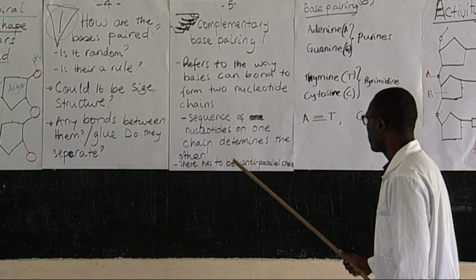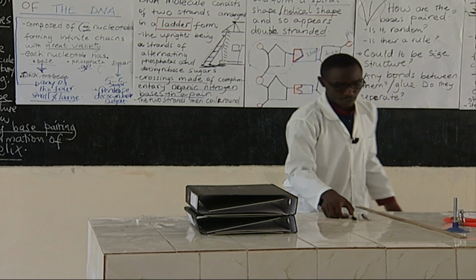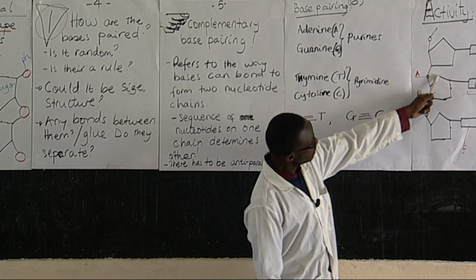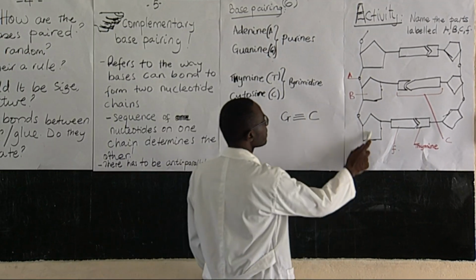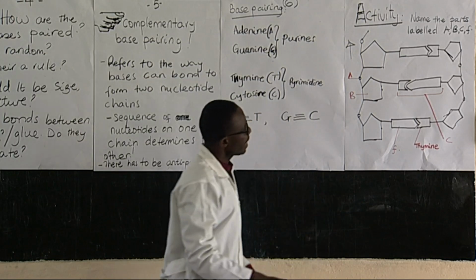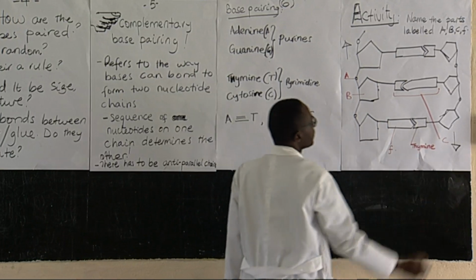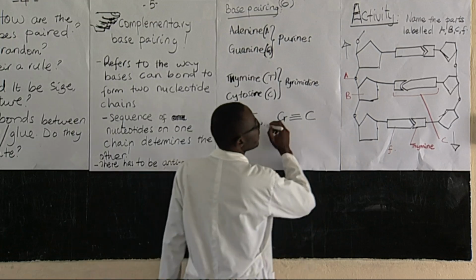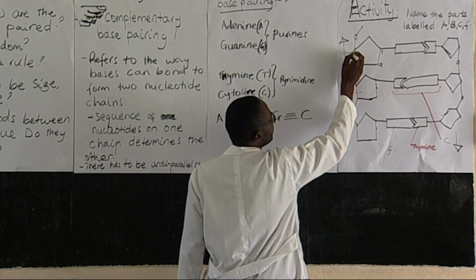Two, there has to be an antiparallel arrangement. What does this mean when we say antiparallel? So we go math. You will look at this. I'm using this component for the activity for you to be able to understand that this faces up. So we go up. And according to the shape and design here, this is facing down. So if we were to arrange these and give the numbers, then we have number 1, number 2, number 3, number 4.